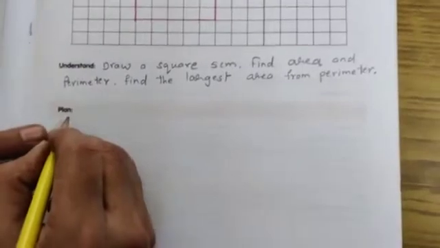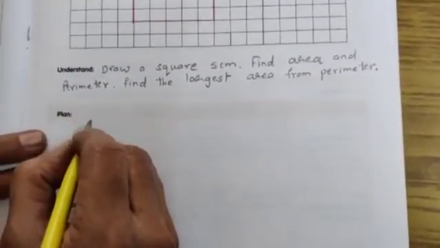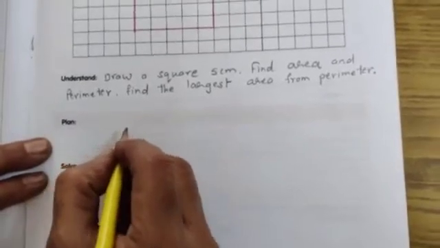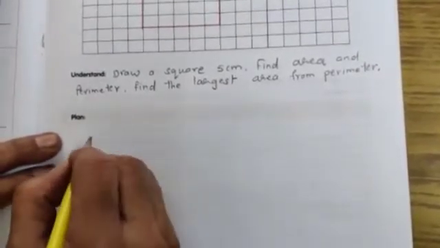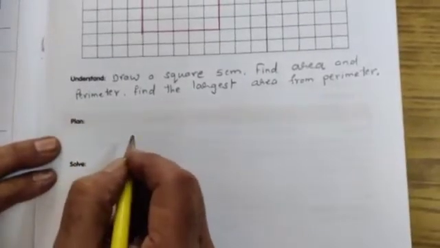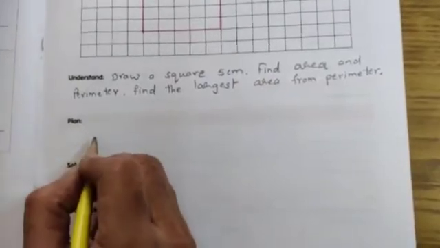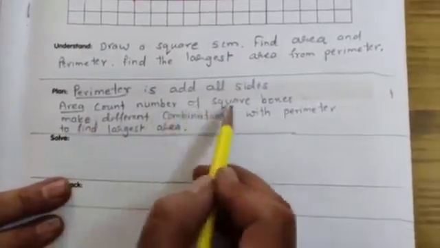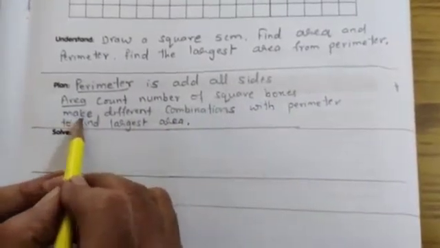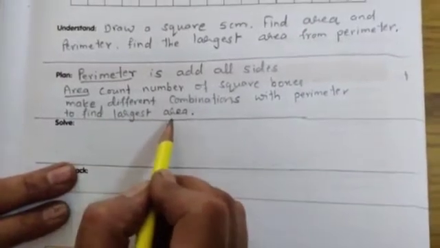Next, plan. What will the plan be, children? We'll draw a square of 5 centimeter, and find the perimeter of all sides. Then area, how will we find the area? That you have to write clearly in the plan. Area: count the number of square boxes, make different combinations with the perimeter to find the largest area.